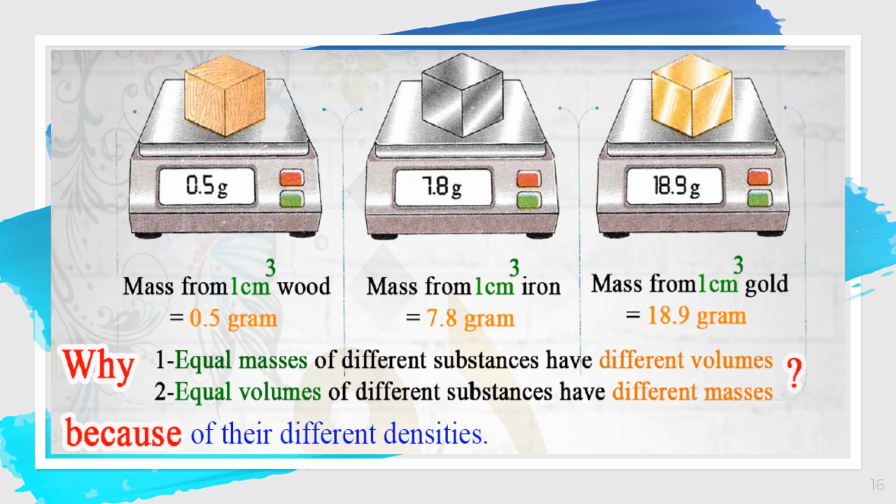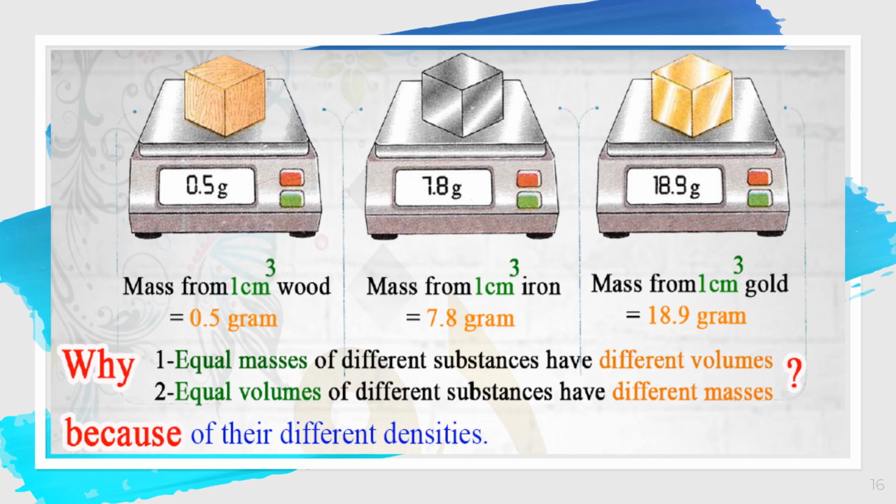Wood equals 0.05 gram, the mass of iron equals 7.8 gram, and the mass of gold equals 18.9 gram. All of these materials have the same volume but different masses.